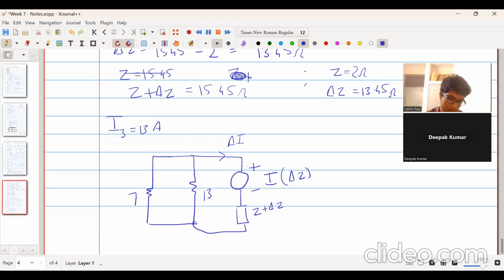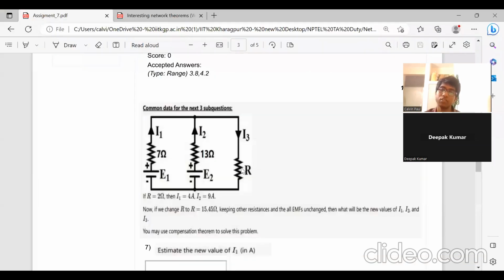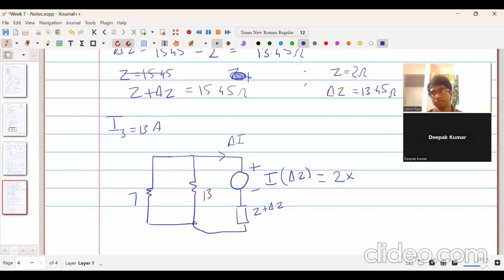So what is I? I is the original current to the branch. That was I3. I3 is 13, multiplied by 13.45.